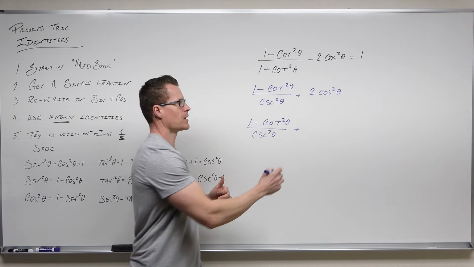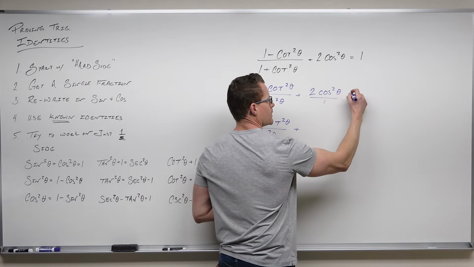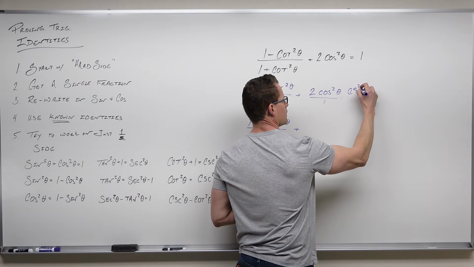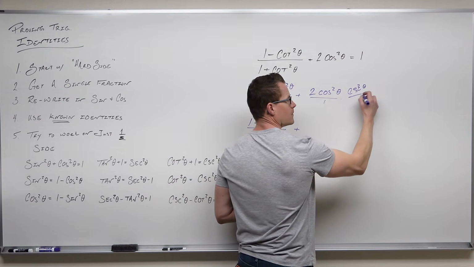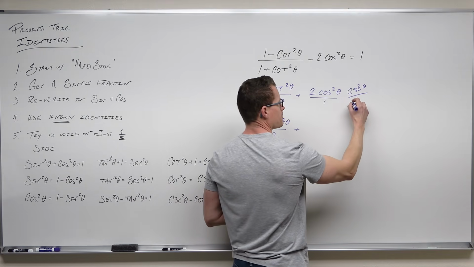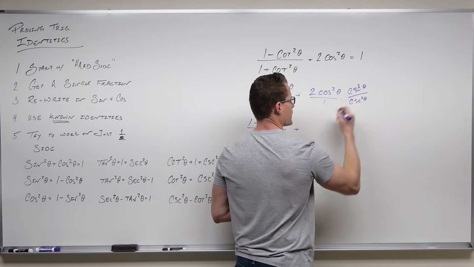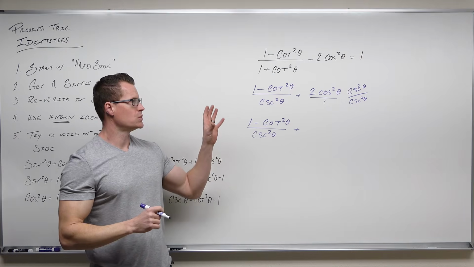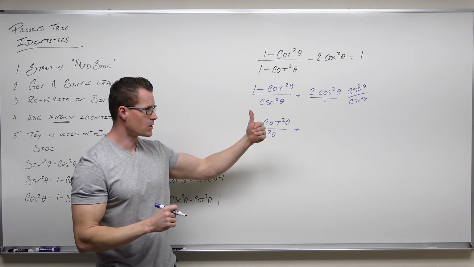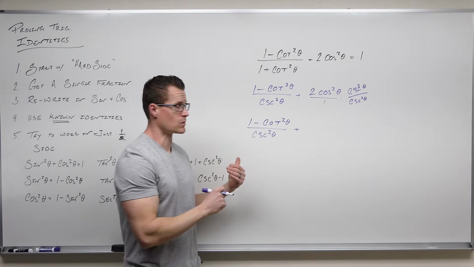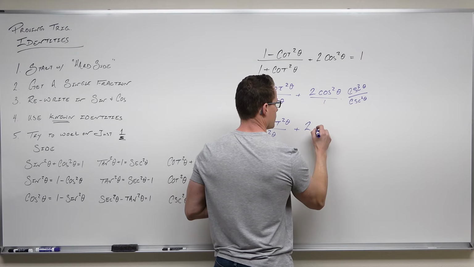Because I'd have to multiply by cosecant squared theta, we're going to get 2 cosine squared theta times cosecant squared theta all over cosecant squared theta.